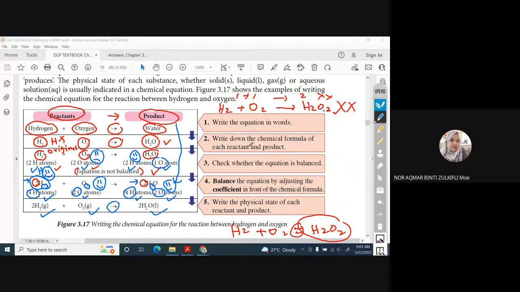Okay. So write the equation in words, write down the chemical formula of each reactant and product, check whether the equation is balanced, balance the equation by adjusting the coefficient, coefficient number in front of the chemical formula. Okay, write the physical state of each reactant and product.